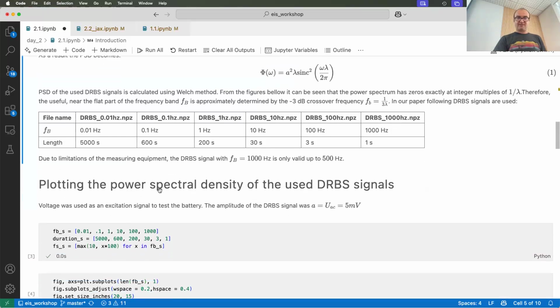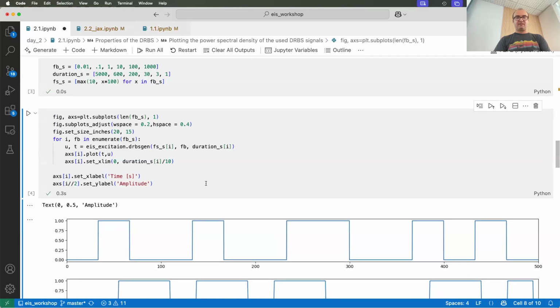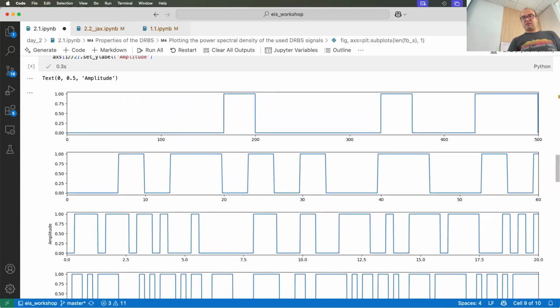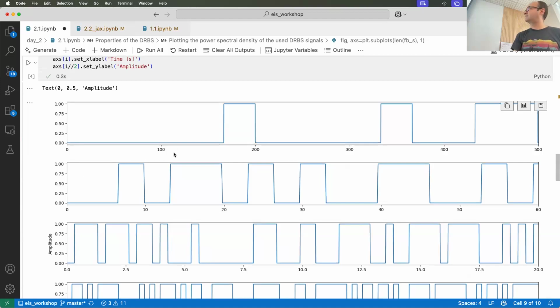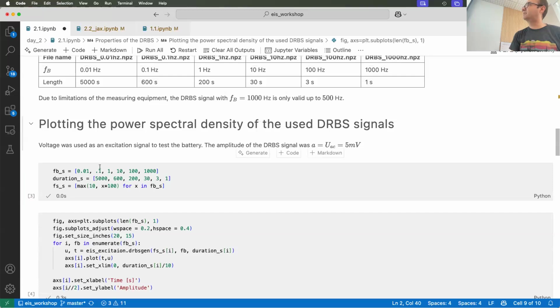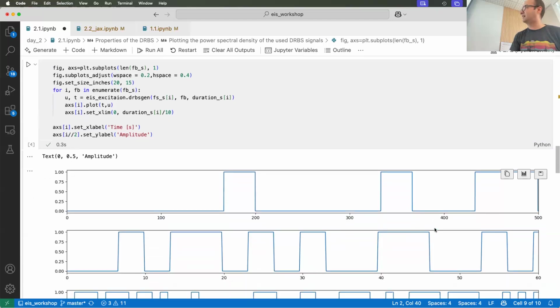So let's generate this. Here I'm generating the signals, and here is how they look. The x-axis is in seconds. I generated all of them, but I limit the duration to only the first part.